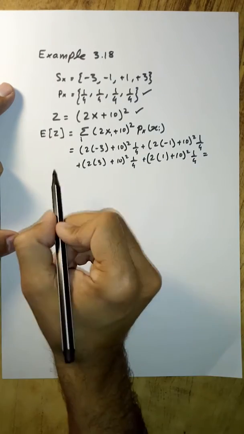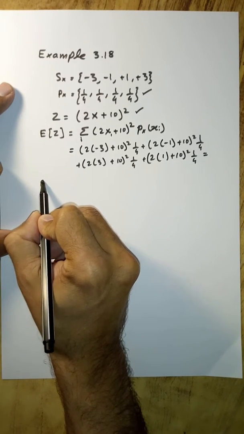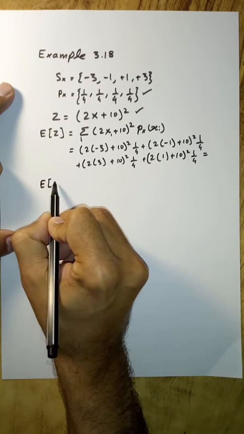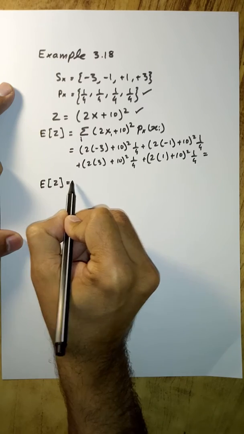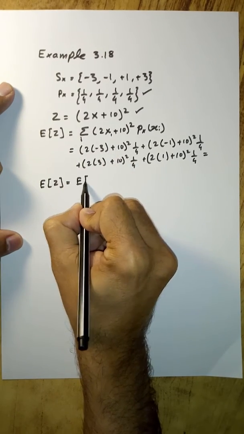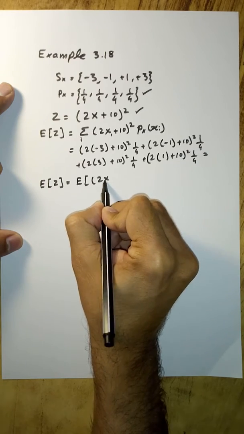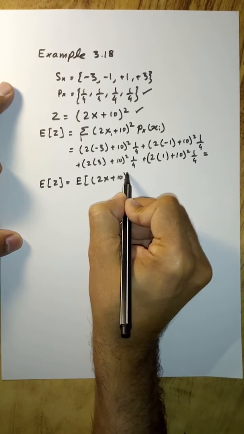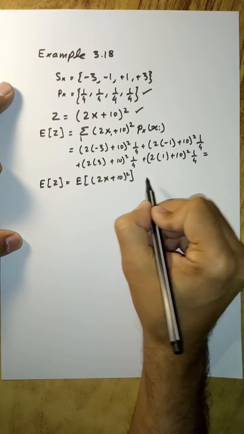There's also another way. We know the function of z, so the expected value of z is basically the expected value of (2x plus 10) all squared, right? So let's open this bracket.